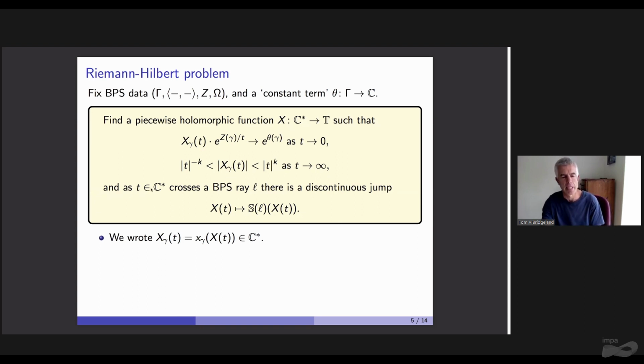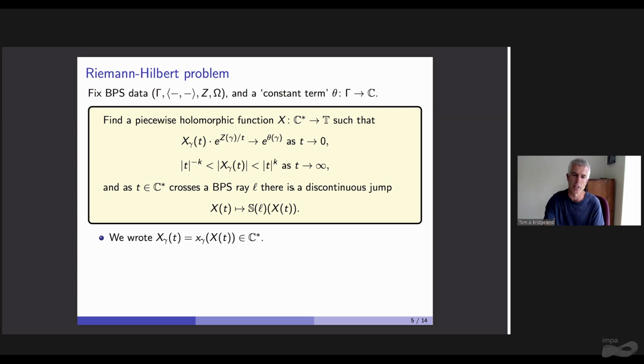But the key point is that as t crosses one of these rays, where there is a non-zero BPS invariant, it should jump discontinuously precisely by this automorphism of the torus. Okay, and by now you'll have realized this is not really an automorphism of the torus. In good cases, it's going to be a birational automorphism. But in general, it could be only defined on an analytic open subset.